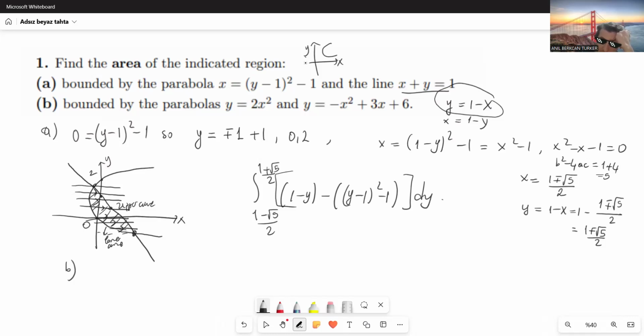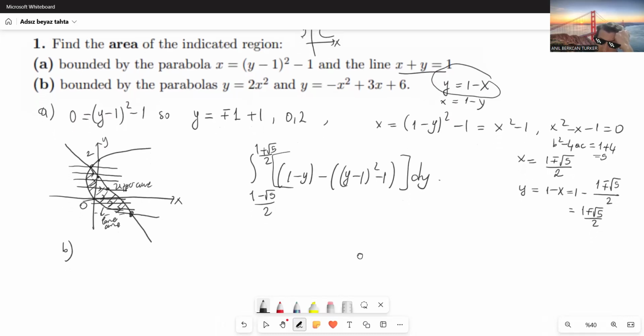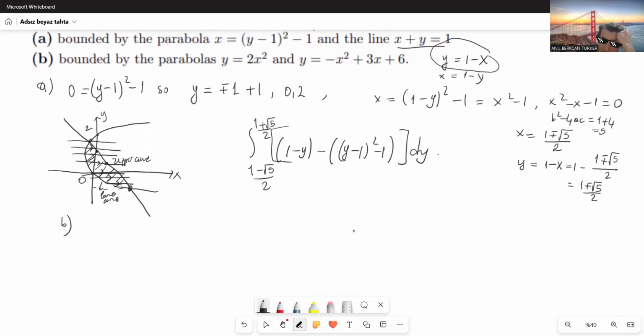What about part B? Bounded by the parabolas y equals 2x and this other one. Okay. Can we have factorization? Maybe if I can write this like that. No, it's also not obvious. But do we have a root? Let me check.